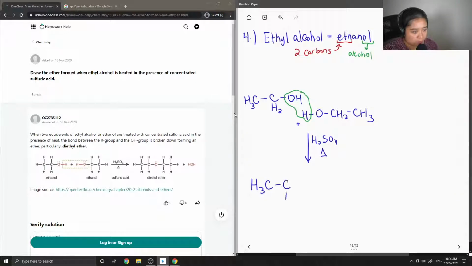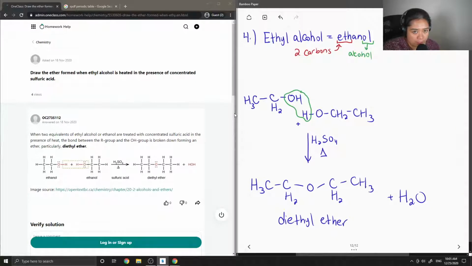So ether is when you have an oxygen in between 2 carbon atoms. And the name of this ether is diethyl ether. And then we also formed water in this reaction as well.